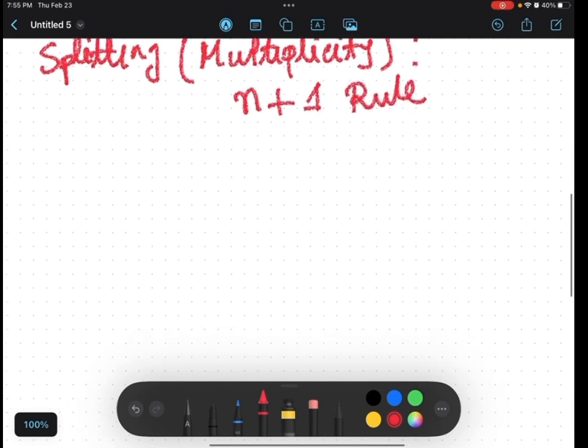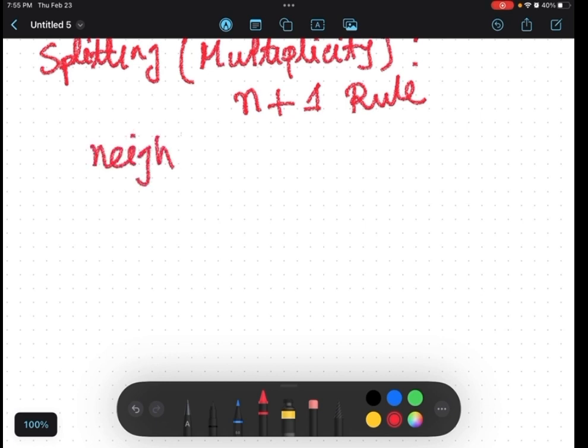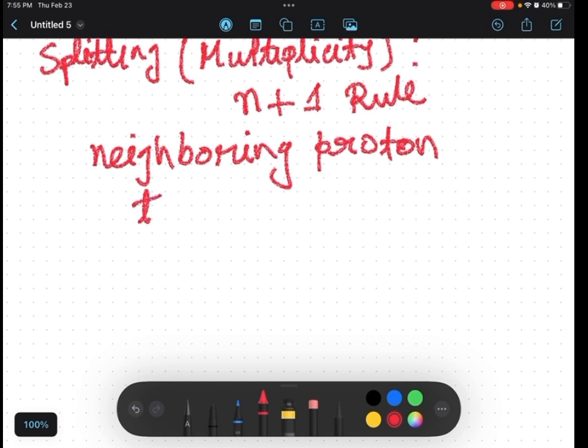For the proton NMR, n is the number of neighboring protons. What is a neighboring proton? A neighboring proton is a proton 3 bonds away.